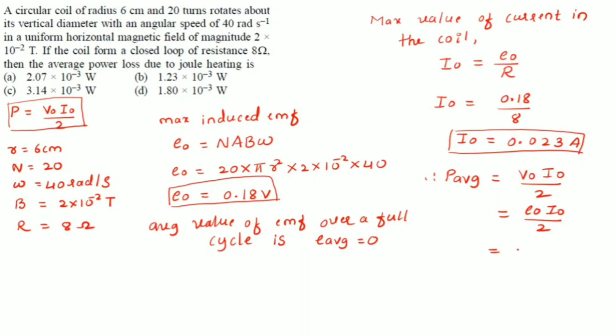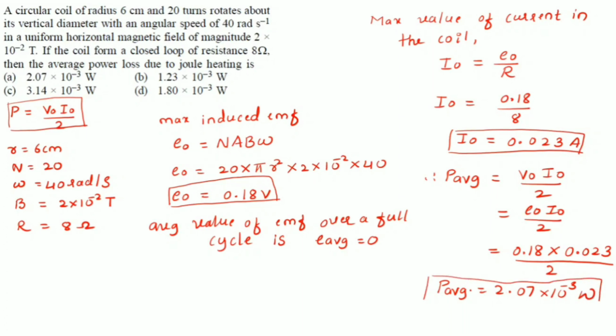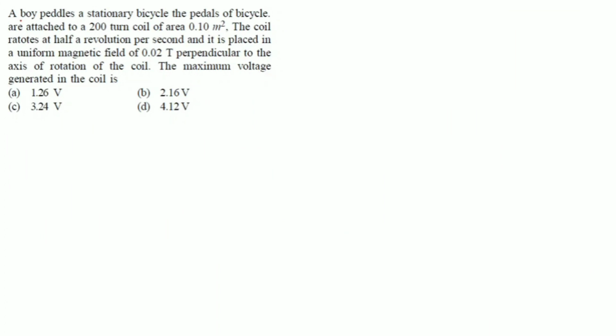Therefore, E naught value is 0.18 into I naught is 0.023 divided by 2. So the P average value will be 2.07 into 10 raised to minus 3 and the SI unit is watt. So this is average power dissipated as heat energy. So the right option is option A, 2.07 into 10 raised to minus 3 watt.